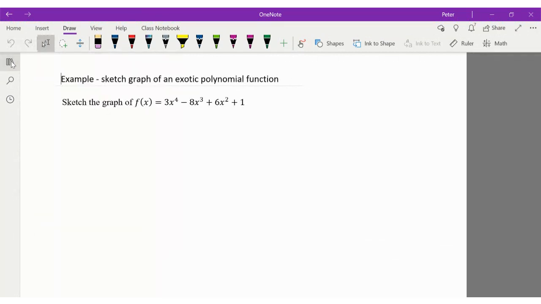Okay, so let's sketch the graph of an exotic polynomial function. Exotic, by the way, is not a term of art. When I say it's exotic, I just mean that this is a polynomial that you probably don't automatically know what the graph of it looks like. So we're going to sketch this just using the techniques that I've just described.